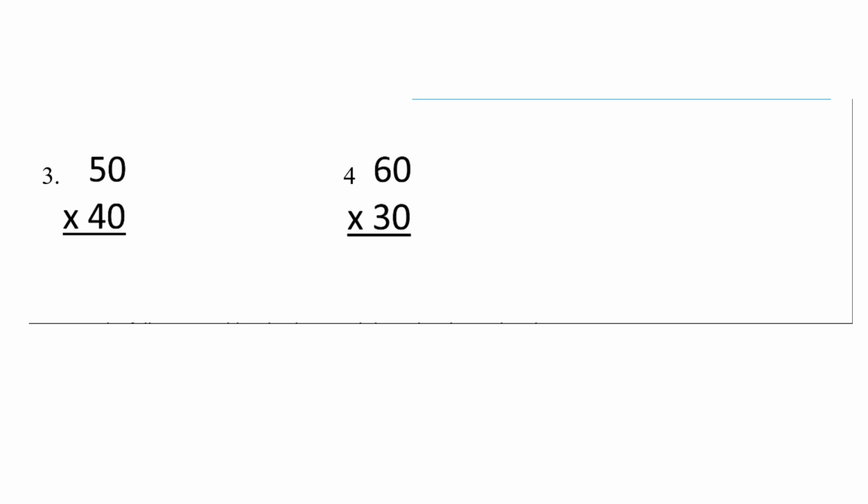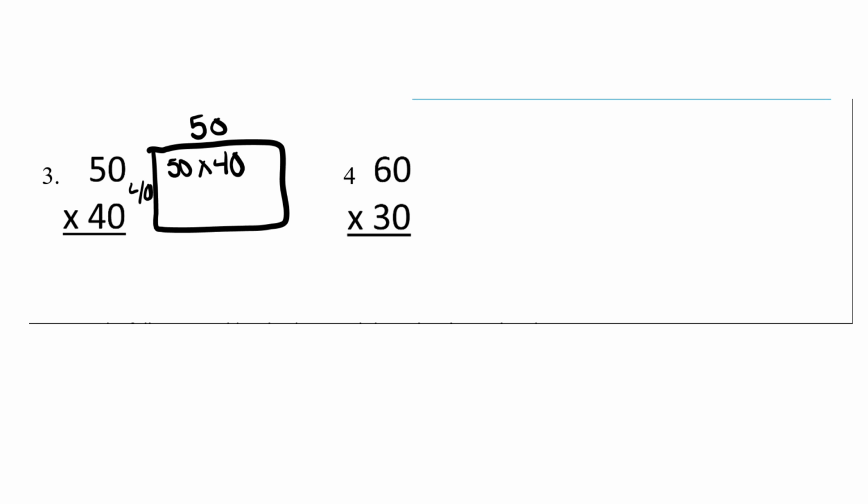Another strategy we can use to solve two-digit by two-digit numbers is using an area model. In this problem, we have 50 times 40. So I'm going to draw an area model and label it 50 on one side and 40 on the other. So what this is representing is 50 times 40.